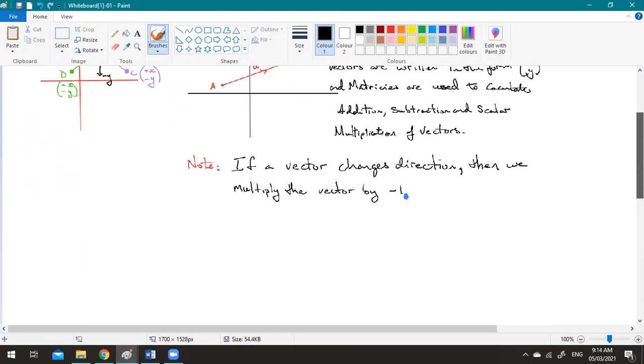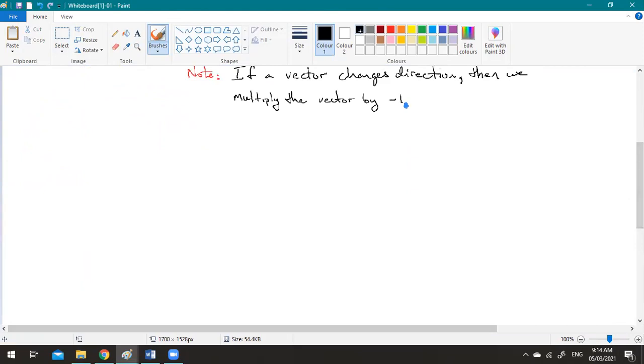Now, in vectors, if we add vectors, addition of vectors, we represent a vector with a little arrow on top.